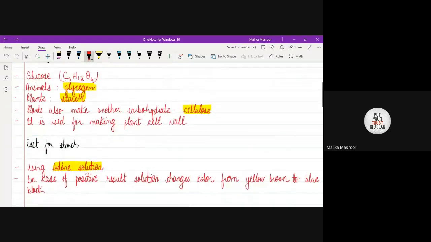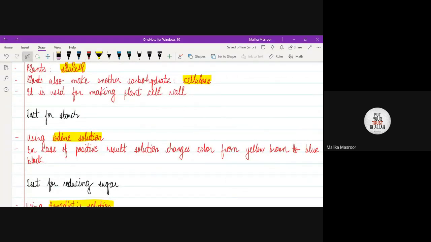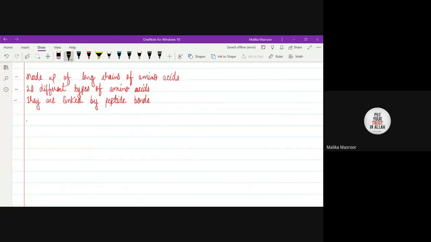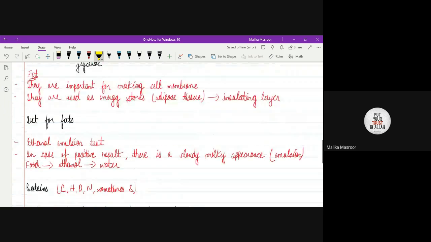Now if I talk about a test, you will use the Biuret reagent test for proteins. It can be done using Biuret reagent. In case of a positive result, what will it give?